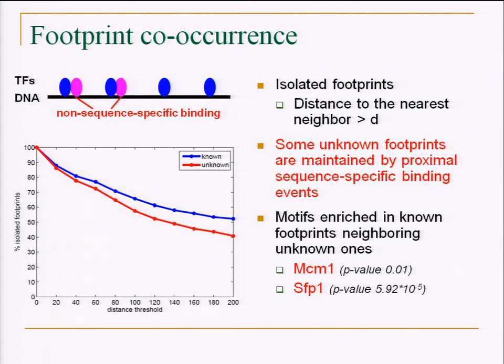Protein expression, and this is consistent with the fact that MCM1 is a co-occurrence factor. The next one is SCB1, which only binds some of its targets, but its binding was detected in the microarray.